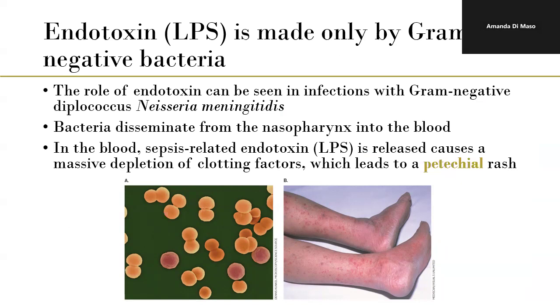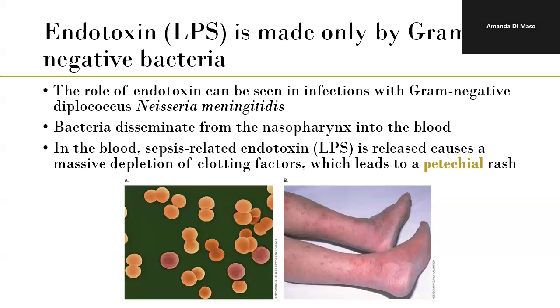This is one that causes meningitis. You get it by breathing it in. So little kids will get this infection, because kids get infections all the time, especially ones that deal with the respiratory system. And somehow the bacteria is able to get from the nasopharynx into the bloodstream, where it causes that sepsis because of the endotoxin.